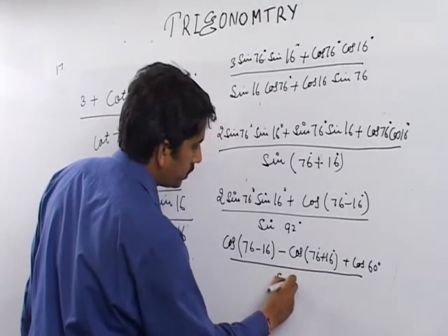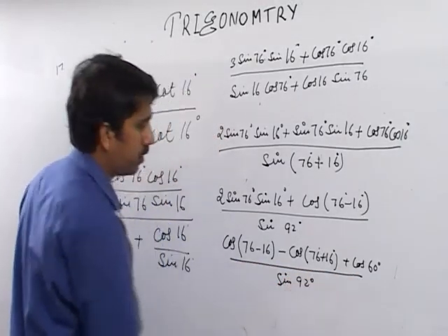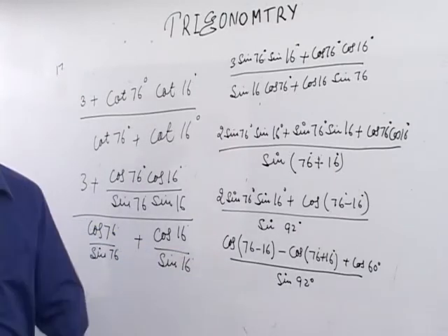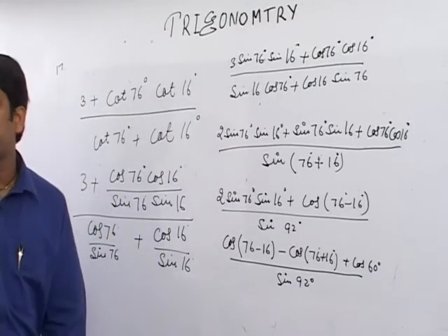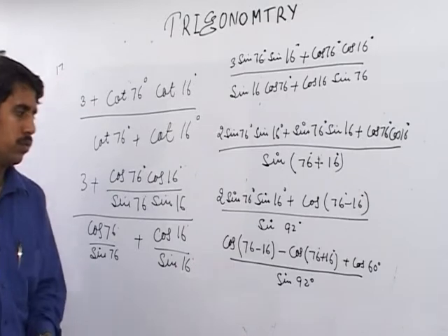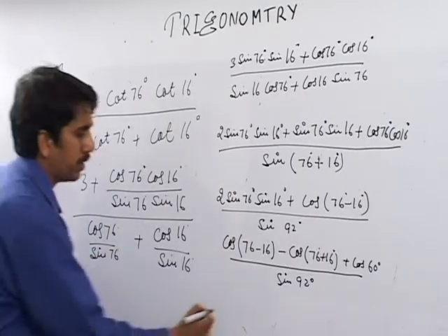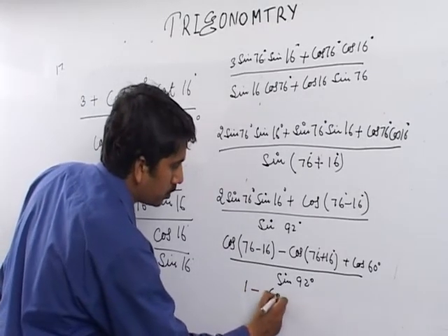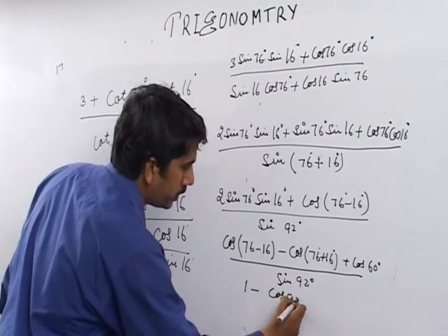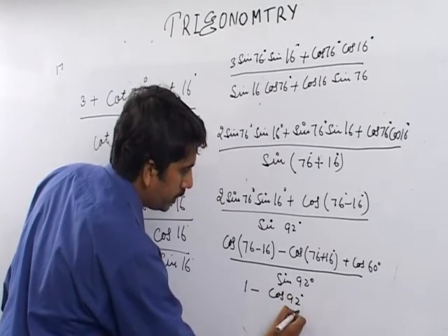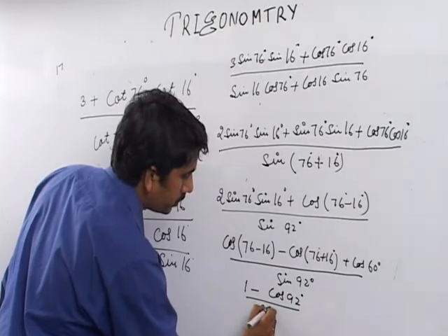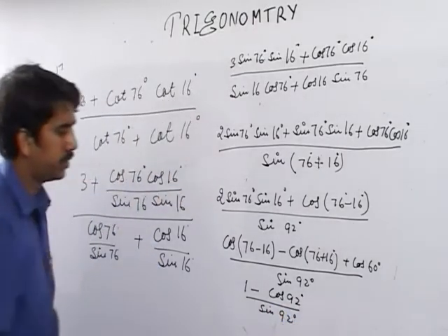So you will get sin of 92 degree. Now this will be twice of cos 60, and cos 60 is 1 by 2. Therefore the value for twice of cos 60 will be equal to 1. So this will become 1 minus cos of 92 degree over sin of 92 degree.